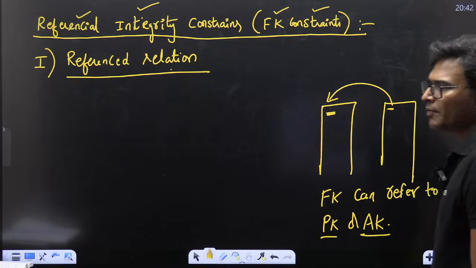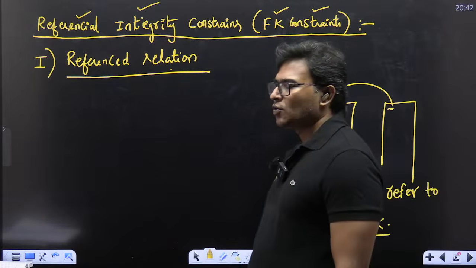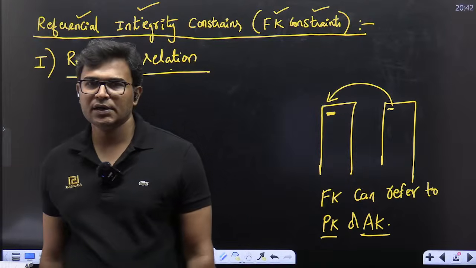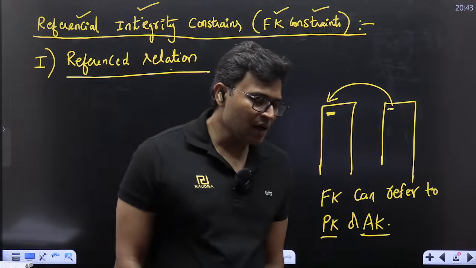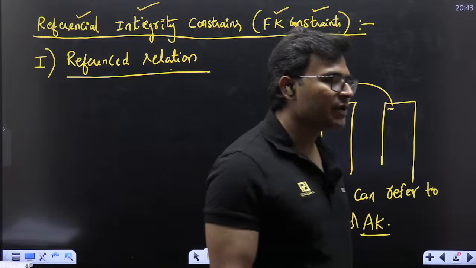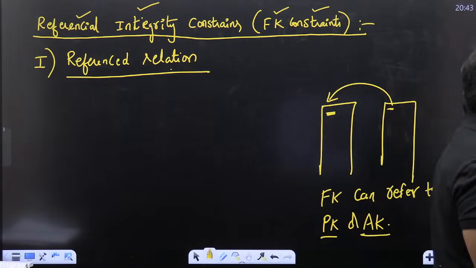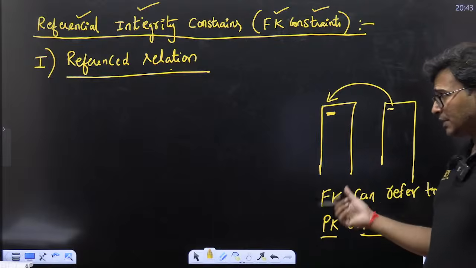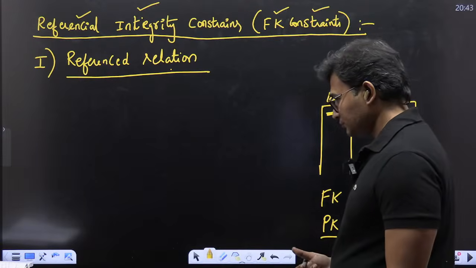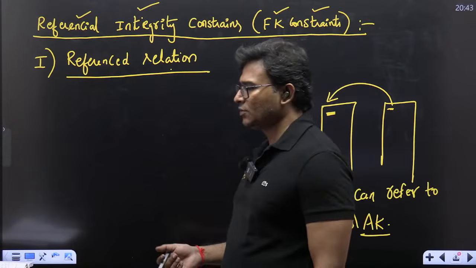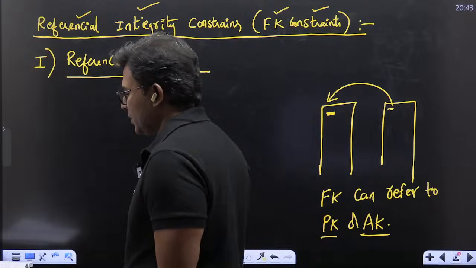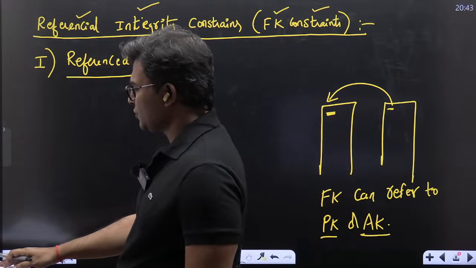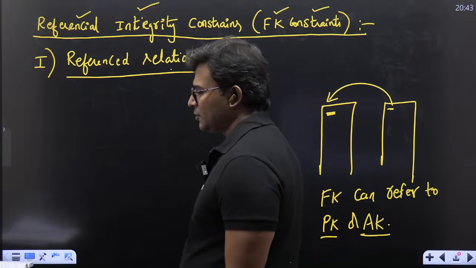Once you have many candidate keys, you are going to choose one of them as the primary key, and all the remaining keys will become alternate keys. Okay, let me give you an example.